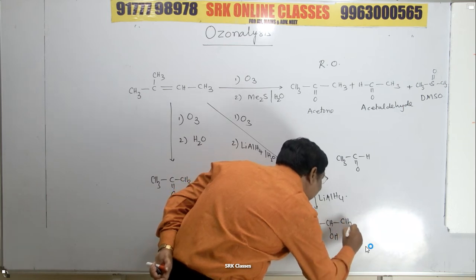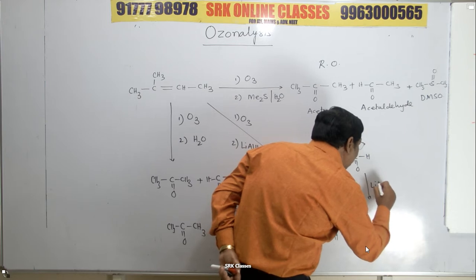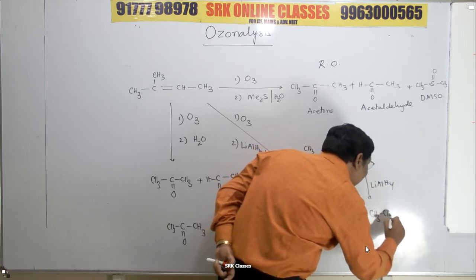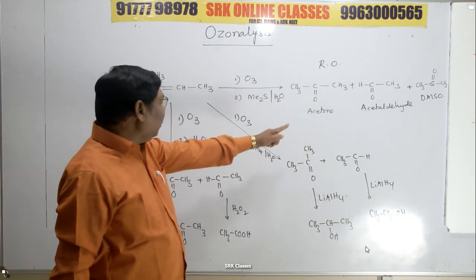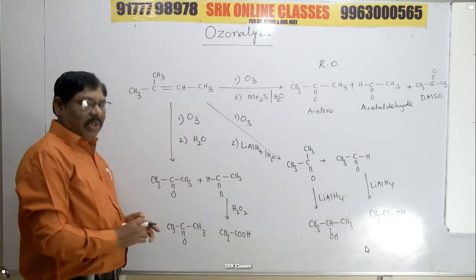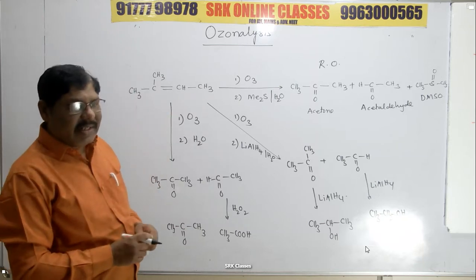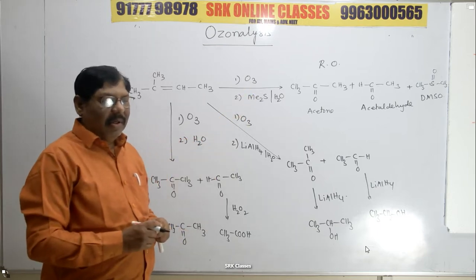Ketones produce secondary alcohols, whereas aldehydes are converted into primary alcohols. Here you will get CH3CH2OH. This is the third reagent I have used. So these are the different reagents used for ozonolysis. Depending upon the reagent, different products are formed. Right?